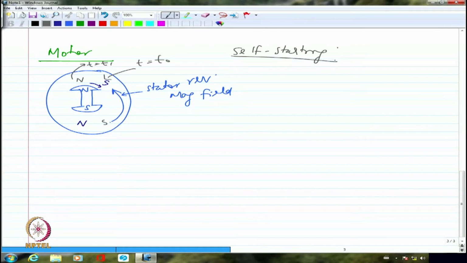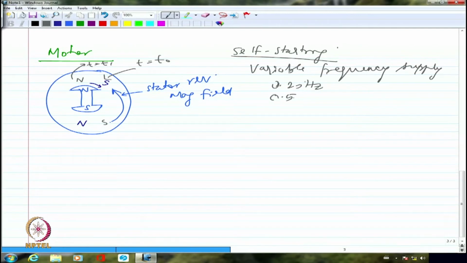So either we give a variable frequency supply, where we initially give maybe 0.25 Hertz, then 0.5 Hertz and so on and so forth, and slowly increase it to 50 Hertz. What will happen is, at every incremental frequency, you give sufficient time for the rotor to catch up with the stator revolving magnetic field. So it catches up further and further, because of which it will be dragged along with the revolving magnetic field of the stator.